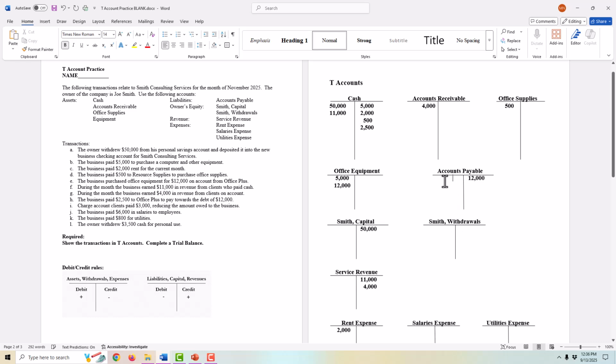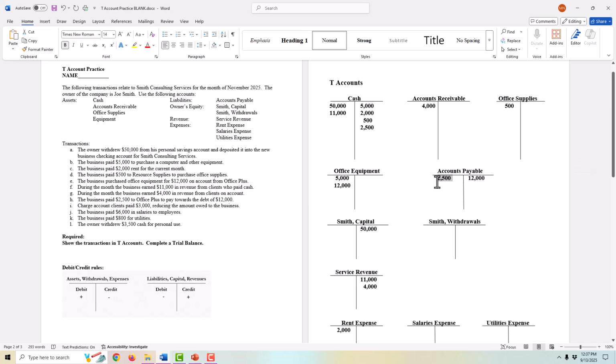And then I'm also going to put this on the debit side of accounts payable. When they make a payment towards a debt, that subtracts from debt. It subtracts from a liability. When you subtract from liabilities, that goes on the debit side of that liability account. So accounts payable, when you owe money, you add to debt.